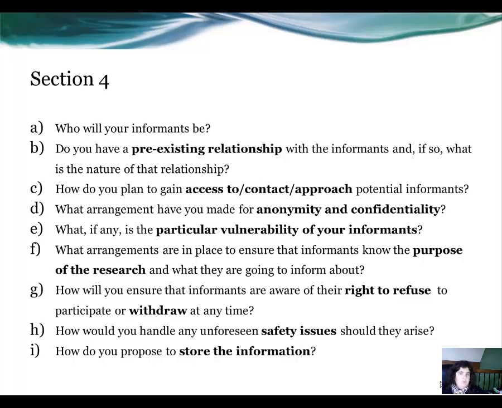And then the approach will be an initial telephone conversation, or it might be a call to the office in person, or it might be an email to the potential informants. So there are 2 or even 3 sections to this part of section 4. So please again put 3 to 4 lines on the thoughts here.